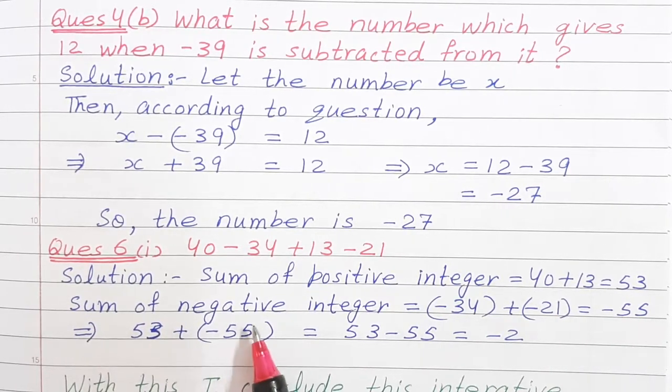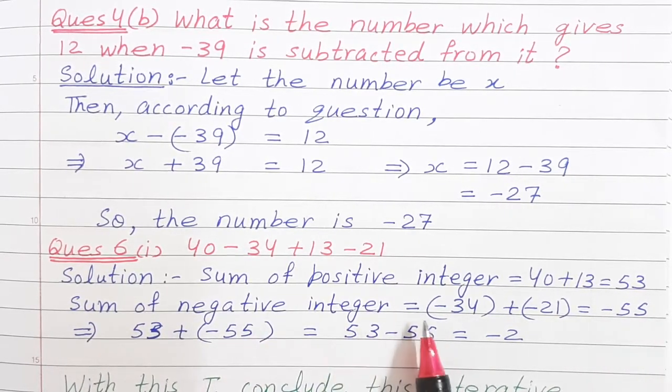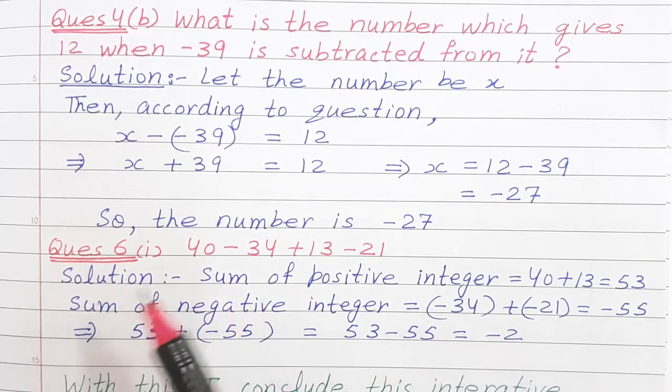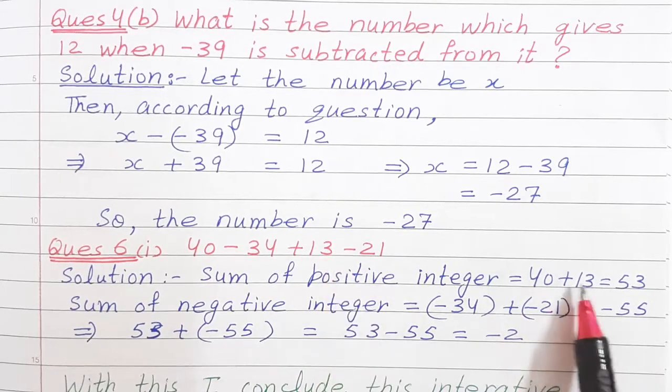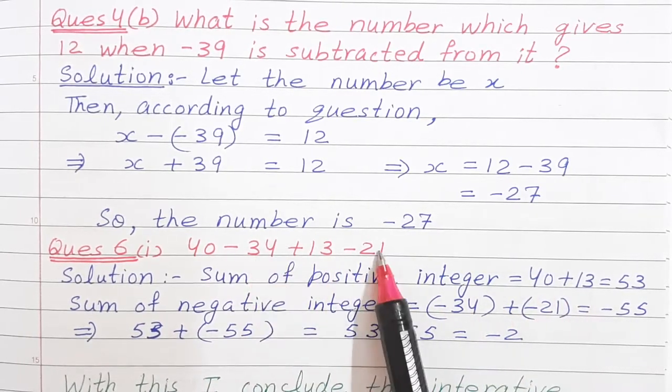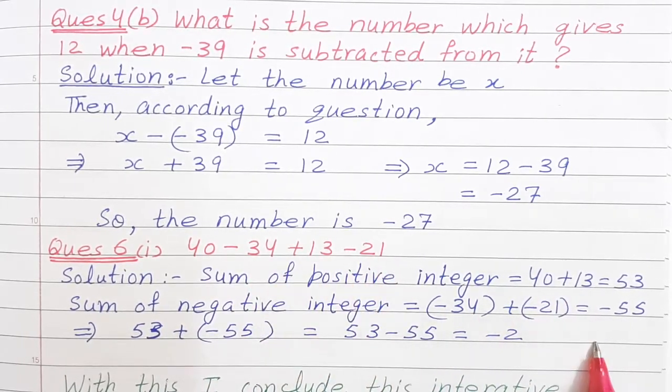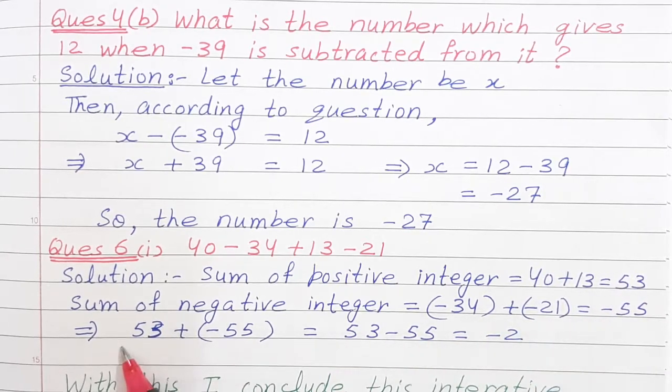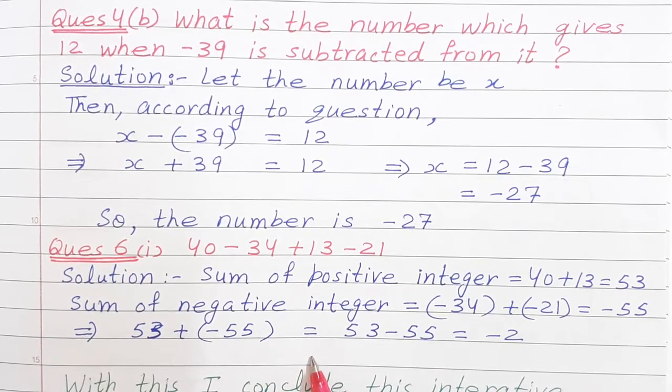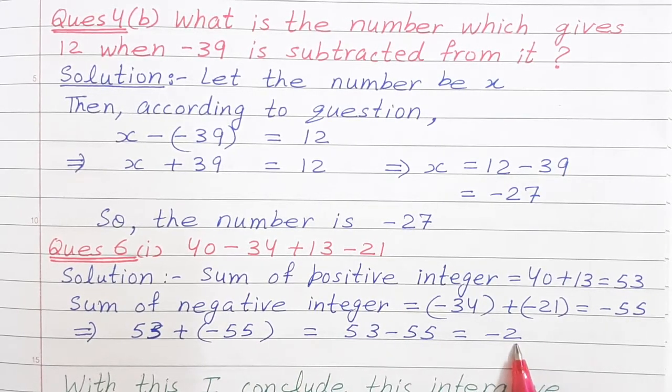Now what we have to do here is, let us add both the positive integers and let us add both the negative integers. So for the negative integers, the answer is minus 55. Now let us add these two. So 53 plus minus 55 is equal to minus 2. So minus 2 is the answer.